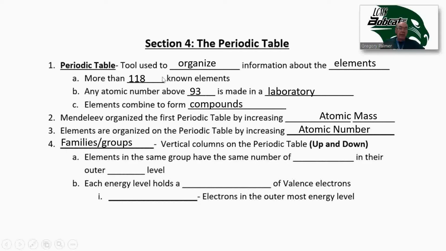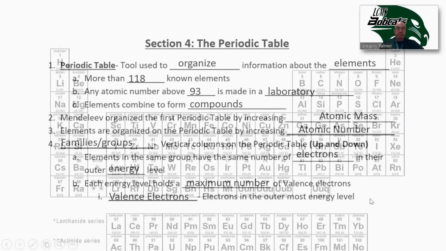So, that's where the name came from. Elements in the same group, as I explained earlier, have the same number of electrons in their outer energy level. Each energy level holds a maximum number of electrons, and when it's full, the electrons go into the next energy level. The electrons on the outermost energy level are called the valence electrons.